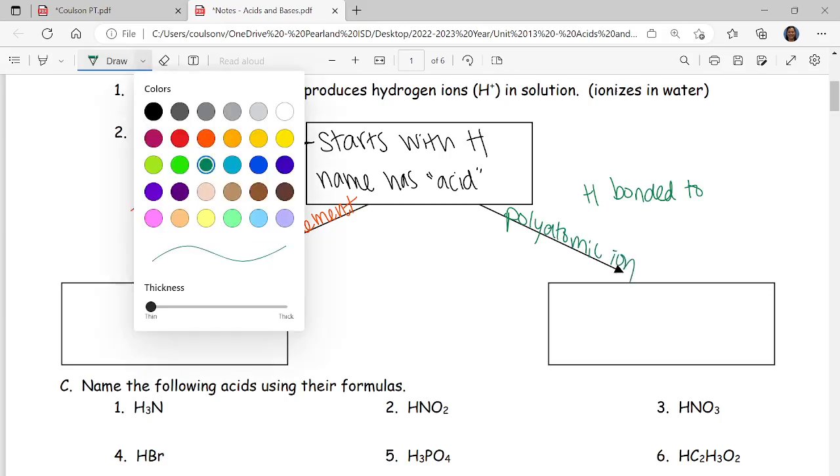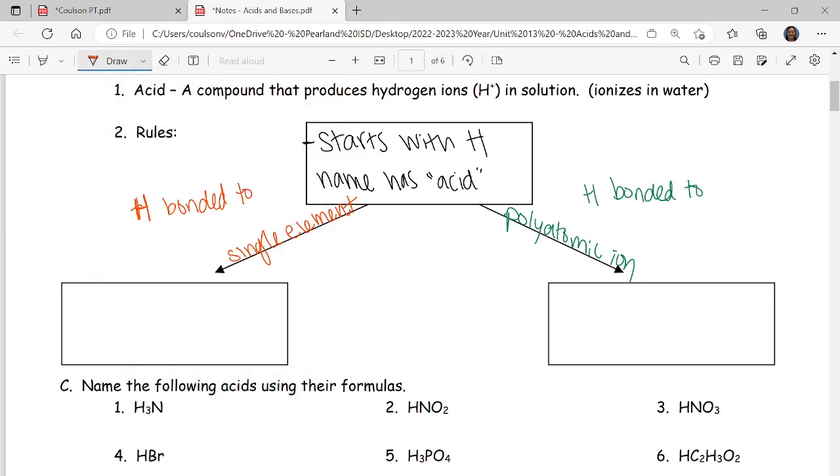All right, if you are hydrogen bonded to a single element, our naming convention for that one is that we start with the prefix hydro. And then you'll change the end of what we'll call the element root to ic.